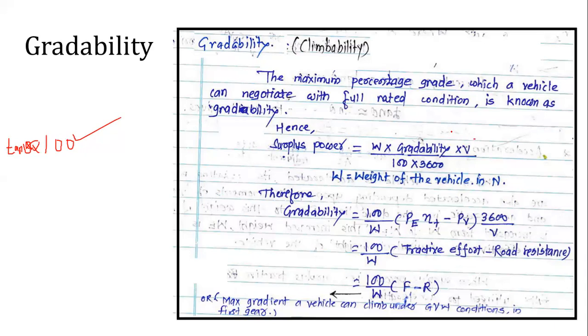So these expressions are based on gradability, the speed of the vehicle, and the weight of the vehicle. Basically these are directly given in automotive mechanics, so derivations are not required. Some of the expressions we are going to derive.